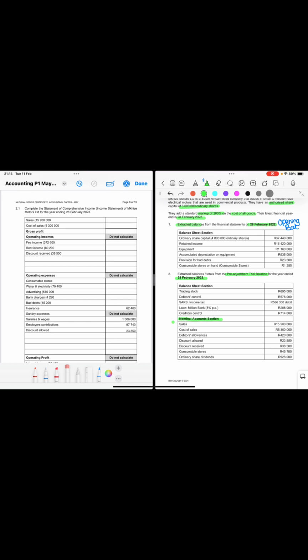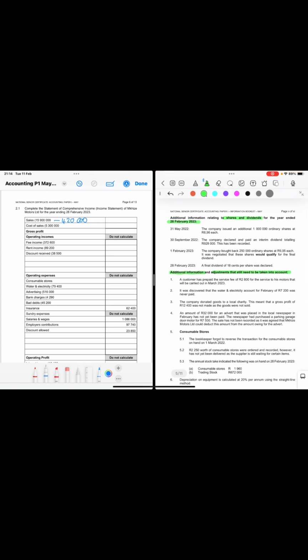Debtors allowances, those are the returns by our customers. So then we'll go to our sales and subtract the debtors allowances amount of 420,000. We haven't gone through our adjustments yet, so we're going to stop there with anything concerning sales. And then there's nothing else from the pre-adjustment trial balance that will be applying to the statement of comprehensive income for now.